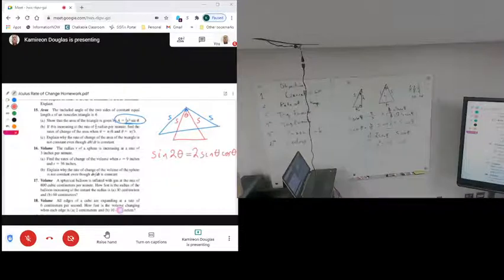Now I'm going to make a small change here. Instead of theta, I'm going to use x, because I don't want to confuse the theta of the problem with this theta. So sine of 2x equals 2 sine x cosine x.